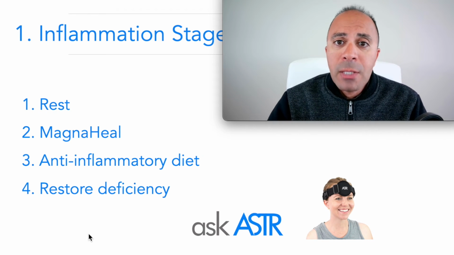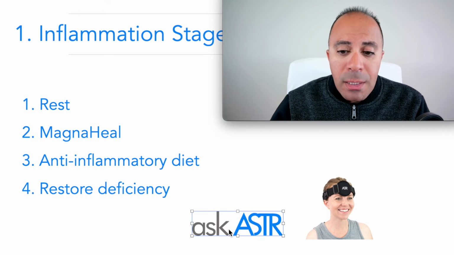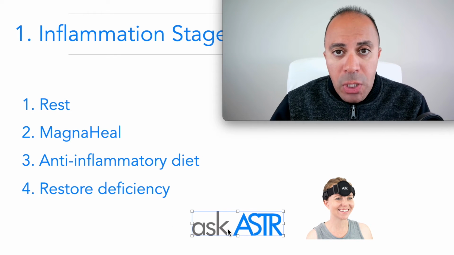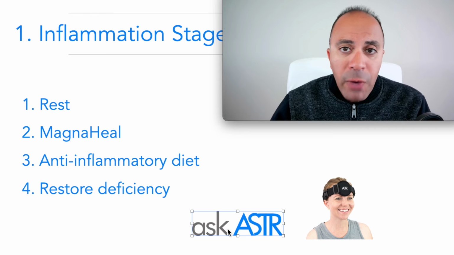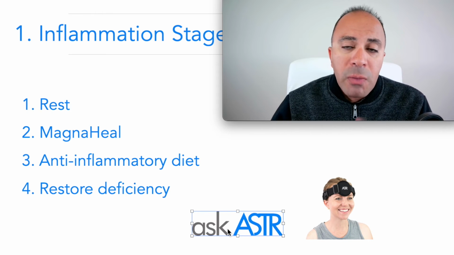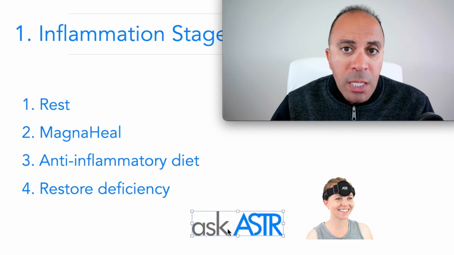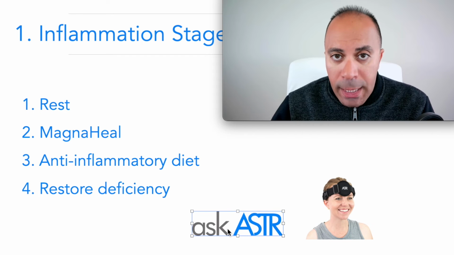One of the things you can do if you have a severe condition is take advantage of Ask ASTR. It's a free online medical evaluation. The software takes about 5 minutes and will guide you through the process of identifying possible vitamin and mineral deficiencies that could be interfering with your normal healing.